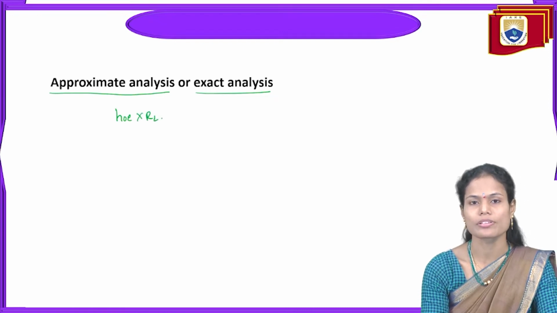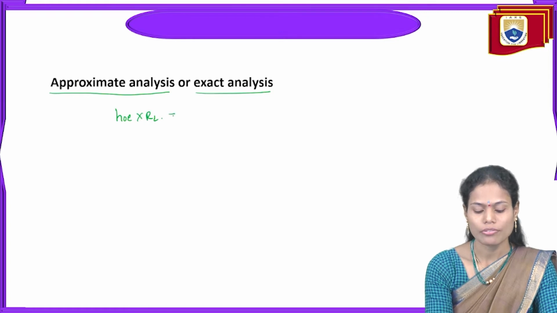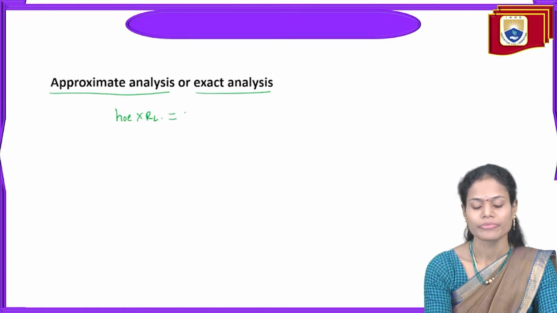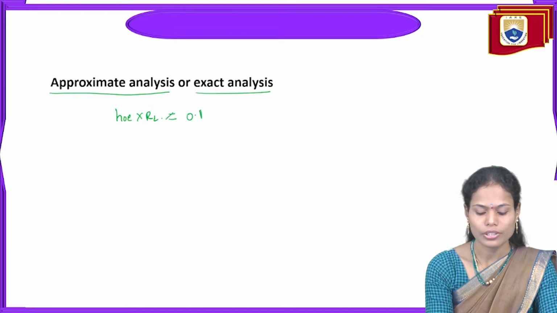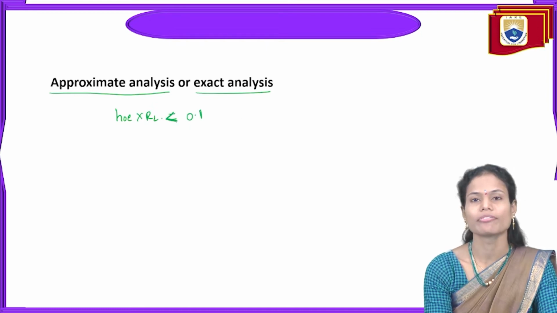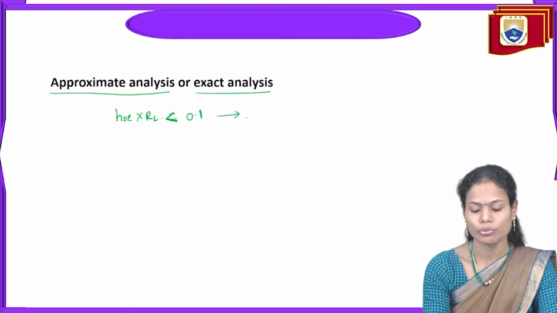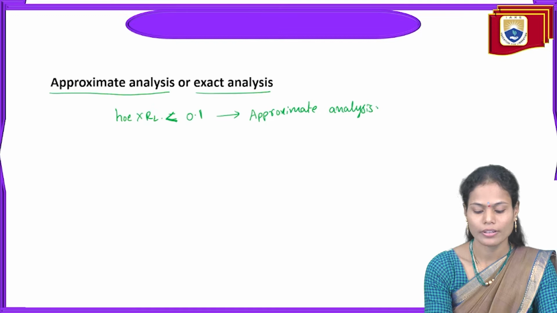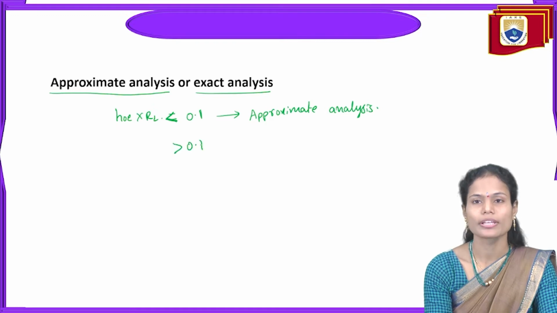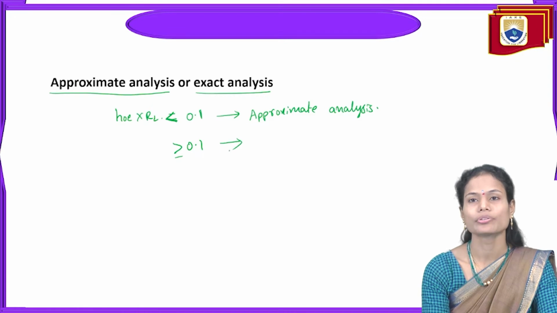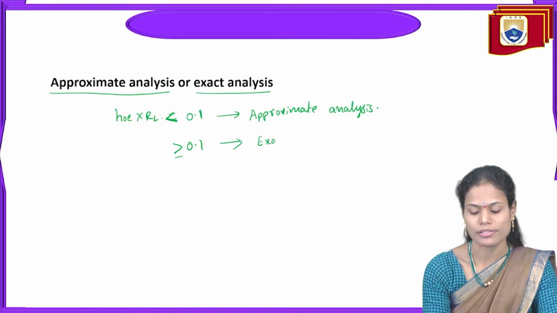If this value is less than 0.1, then we need to go for the approximate analysis. And if this value is greater than or equal to 0.1, then we need to go for the exact analysis here.